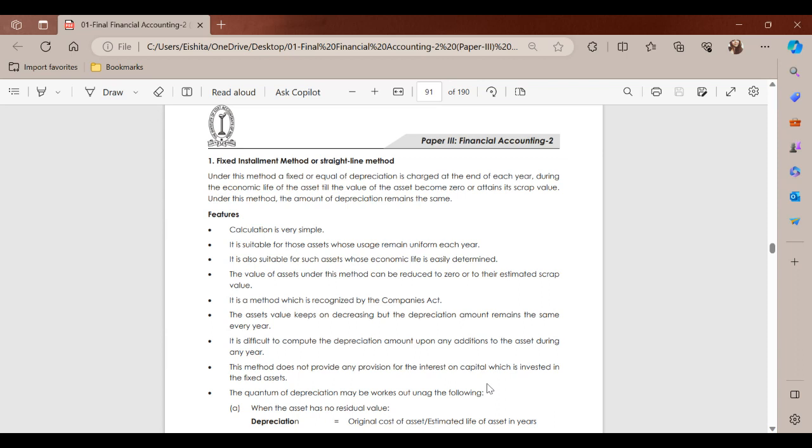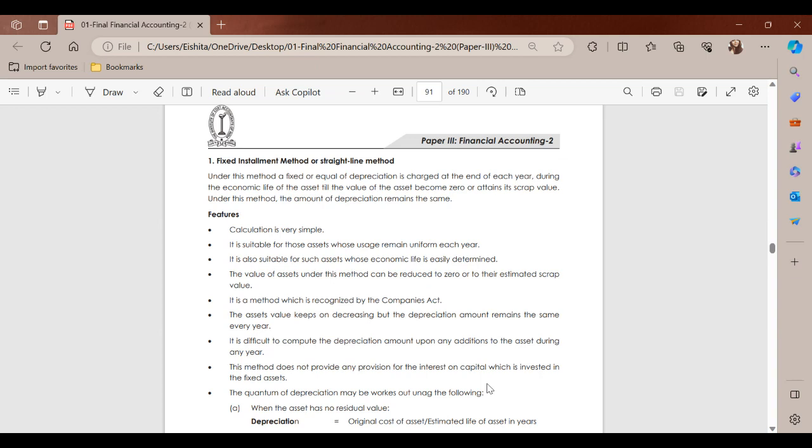But it is not suitable for those assets whose usage is very high in one year or very low in another year. For those following such curves, usage will be either very high or very low, which is very tough. So there the asset is depreciated according to the WDV method. But SLM is not suitable.